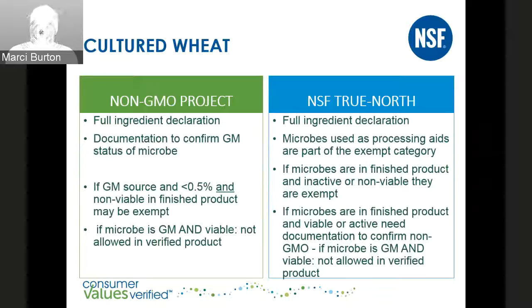For True North, we would just need to know if the microbe is viable or inactive in the finished product and how, is it, again, heat, etc. But if it is viable or active in the finished product, we just need to know the GM status of that microbe. If it's confirmed to be non-GMO, and we have an affidavit form that you can provide to your suppliers, we're good to go. If it's GM and it's viable, then it would not be allowed.